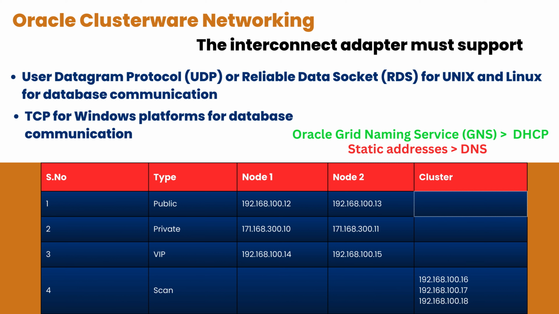Second one is 192.168.100.15 for node 2. And last, three SCAN IPs, 192.168.100.16, 192.168.100.17, and last one is 192.168.100.18.